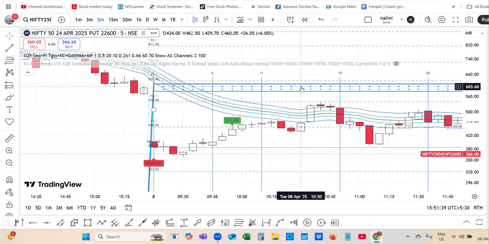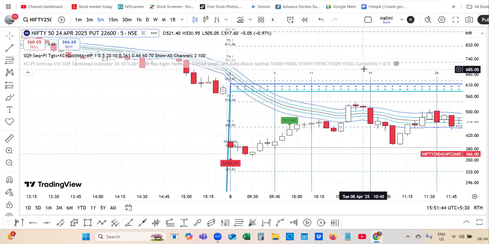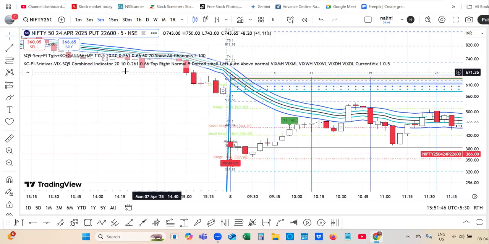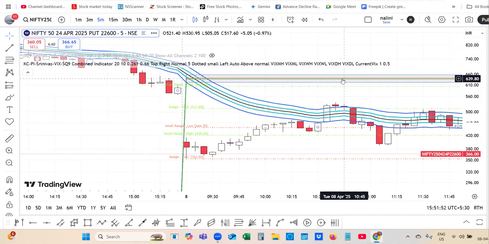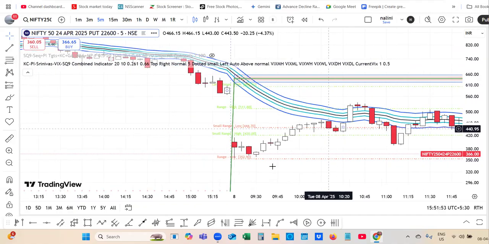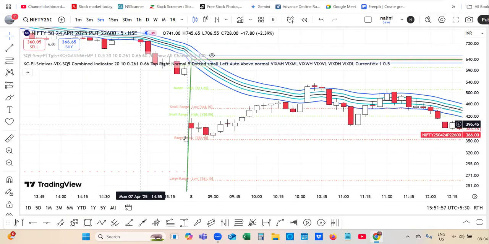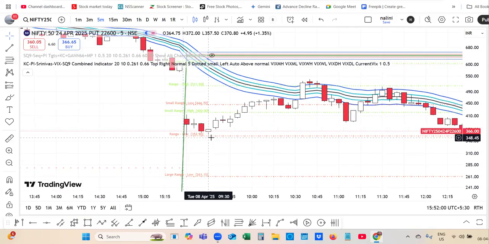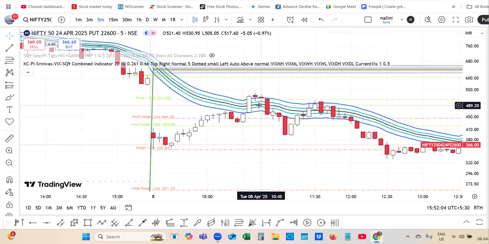These are the levels. Let me enable this. You can see it could not go to this level, and it took support around the pi level. This is the 352 and it started moving above the Keltner channel. It could not sustain and it came down.